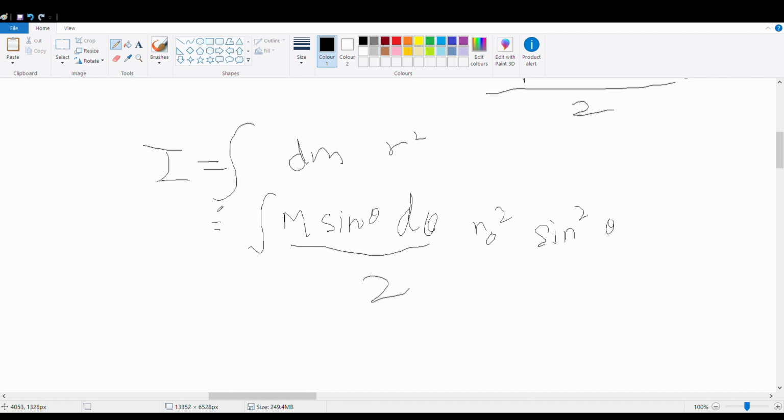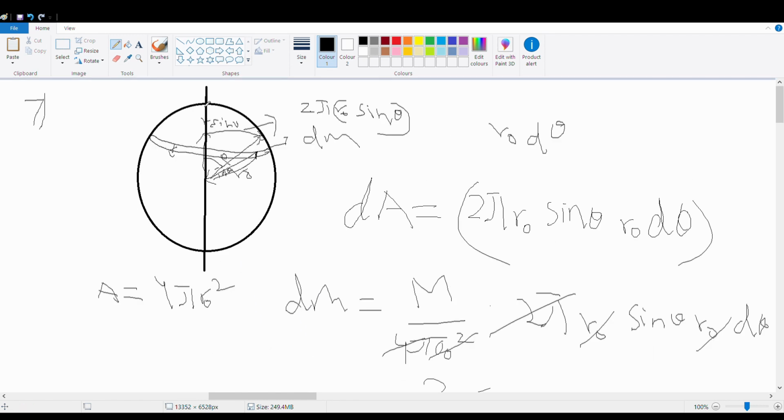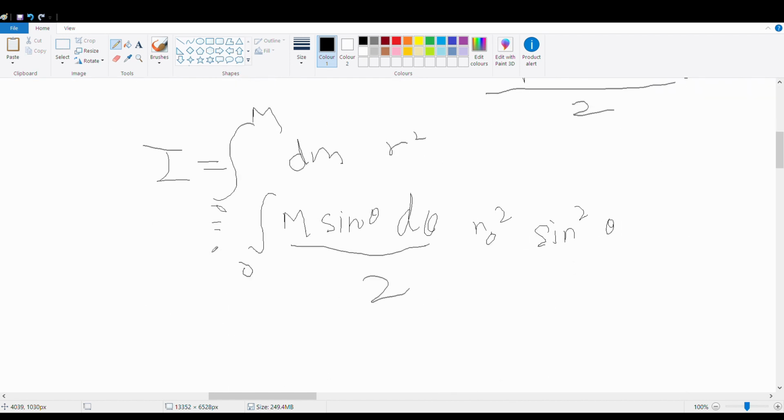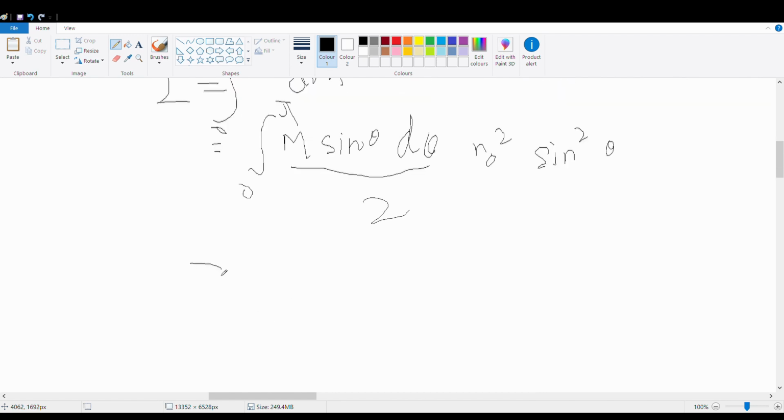This is again going to be an integral, 0 to m, with this integral going from 0, when r is at this point, all the way around to 180 degrees, so we write pi here. We're going to take all the common things out, so we write this as m r naught square by 2, integral sine cube theta d theta.